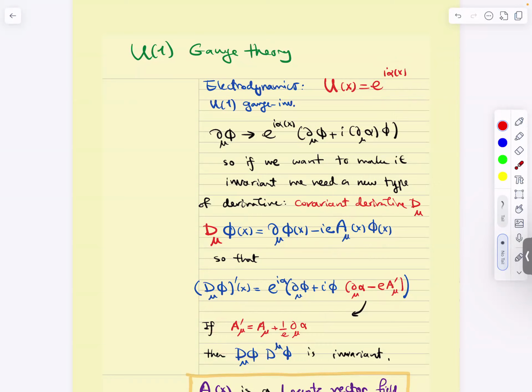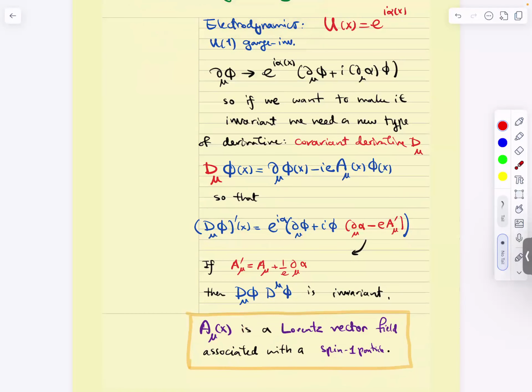So good. This a mu has to be a Lorentz vector, as you can see, because it's canceling del mu of alpha. It's associated with spin one. We would associate this with a spin one particle. This is what the gauge field is.